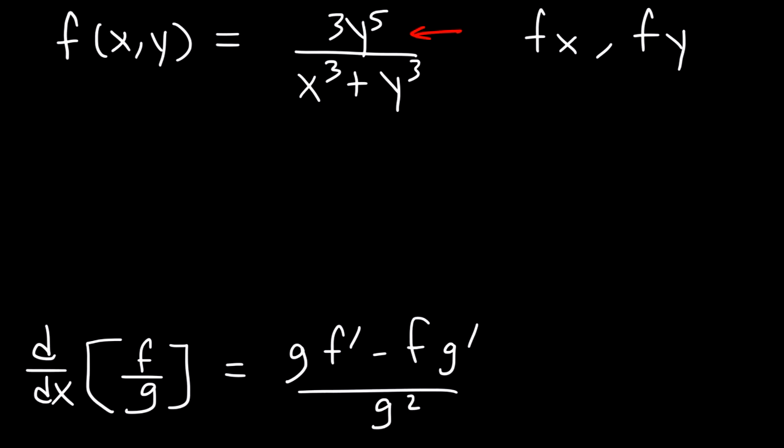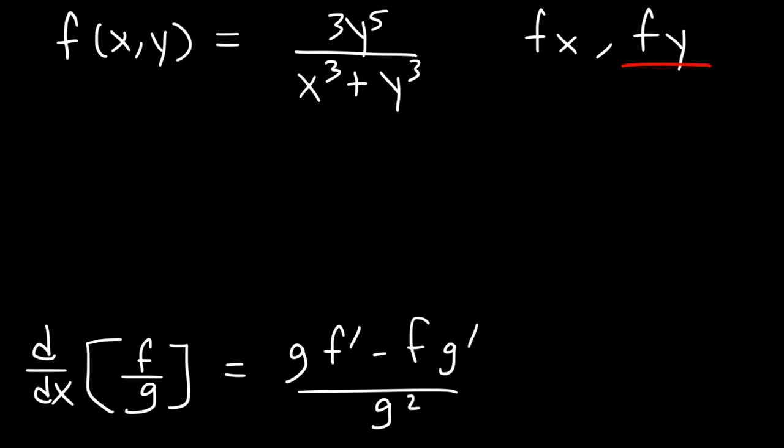So we don't have a variable on the top and on the bottom. So for f of x, we don't need to use the quotient rule. Now, when differentiating with respect to y, we have a y variable on the top and on the bottom, so we do need to use the quotient rule with respect to y. And so that's how you can tell.